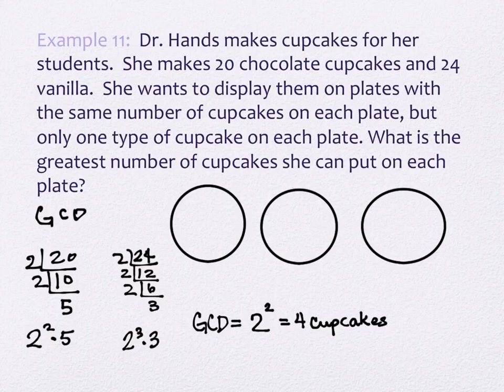Yeah. How many plates of chocolate cupcakes would I have? 5. Can I put 4 vanilla cupcakes on each plate and have none left over? Yeah. How many plates of vanilla would I have? 6. So I don't have the same number of plates when I'm done, but the same number of cupcakes are on each plate. Does that make sense? Excellent.